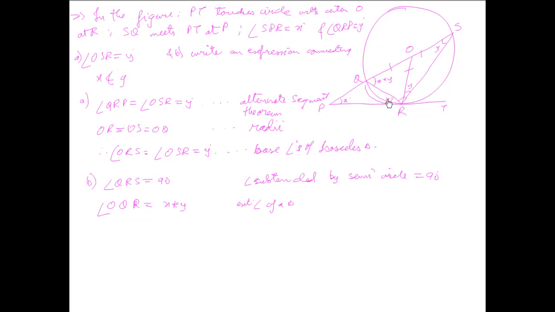This angle is equal to this plus this. Therefore, in triangle QRS, x plus y plus 90 equals 180. That's angles of a triangle. Therefore x plus 2y is equal to 90 degrees, children. That's the relation connecting x and y.